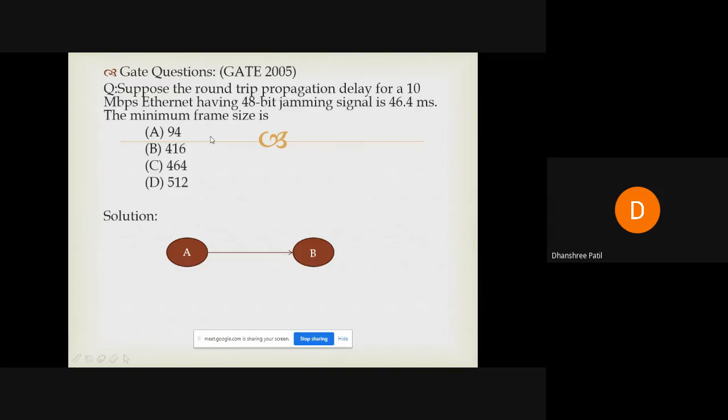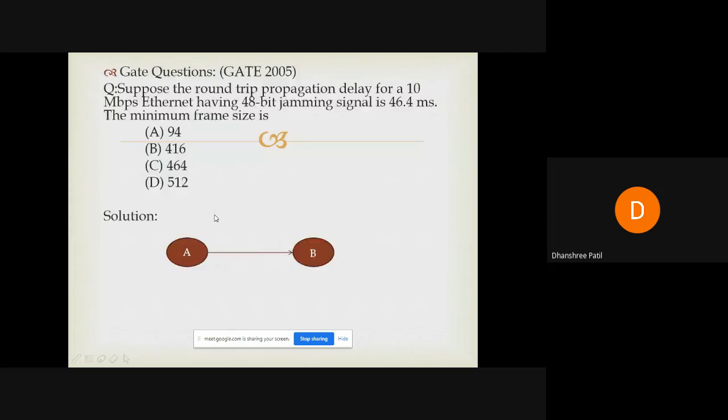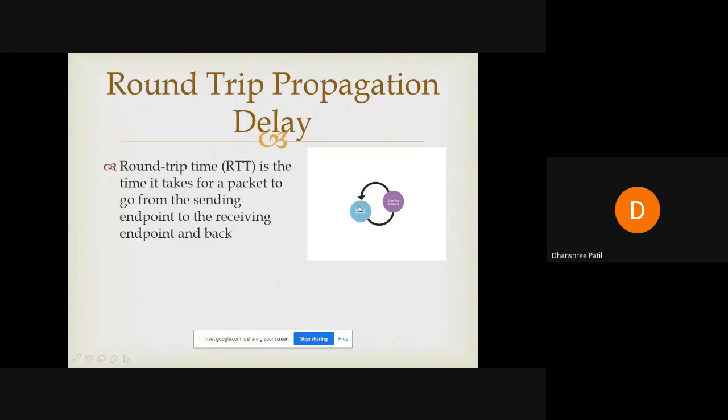So this will be the total round trip delay, considering sender to receiver and again back to the sender. I hope you have understood why I have added this, because remember the definition of the round trip delay. It has to go back to the sender.